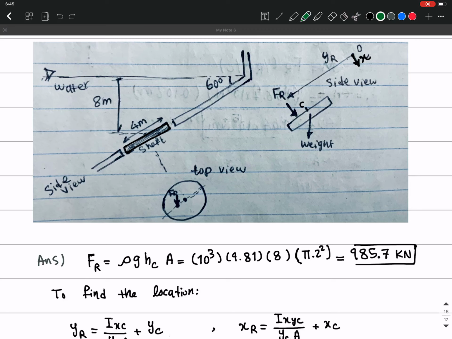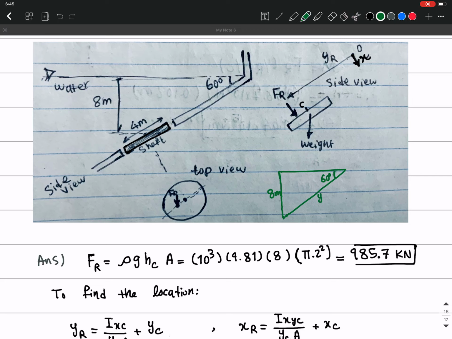How? It's easy. So you have this triangle. I just draw it again. We have this triangle here with 60 degrees. Okay. And then we know this side of that, which is 8 meter, and we don't know this.